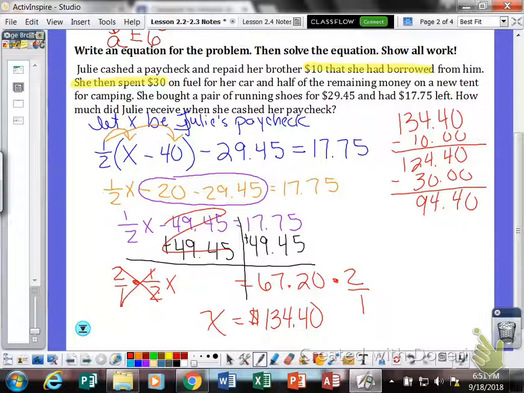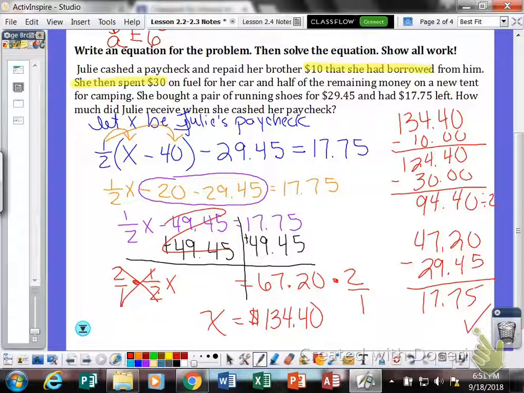Then she spent half of that, so if we divide by 2, we end up with 47.20, and then minus the running shoes, 29.45. And then what we end up with is 17.75, so it checks out.